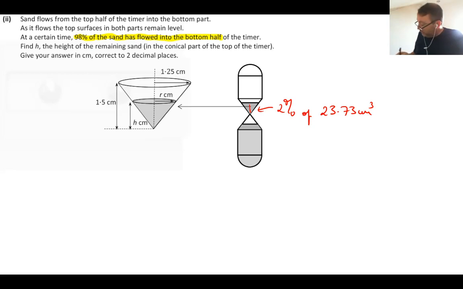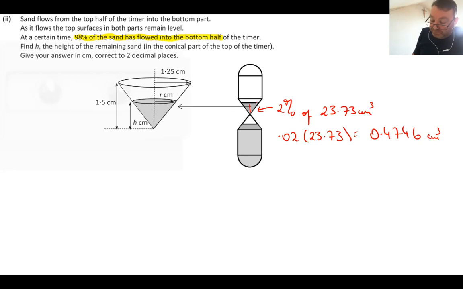And 2% of the original volume, if we work that out, is 23.73 multiplied by 0.02, and that works out as 0.4746 centimeters cubed. So now I know that the volume of that cone is equal to 0.4746 centimeters cubed. And the cone I'm talking about is the cone that's made by the remaining sand.